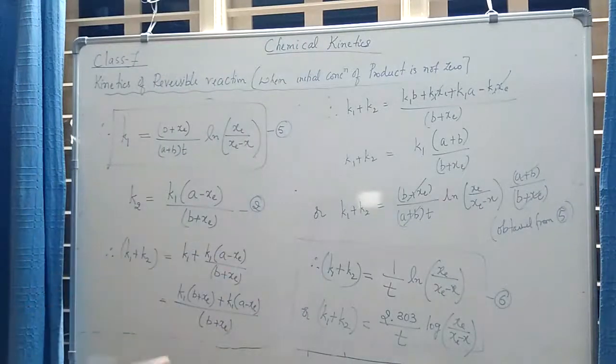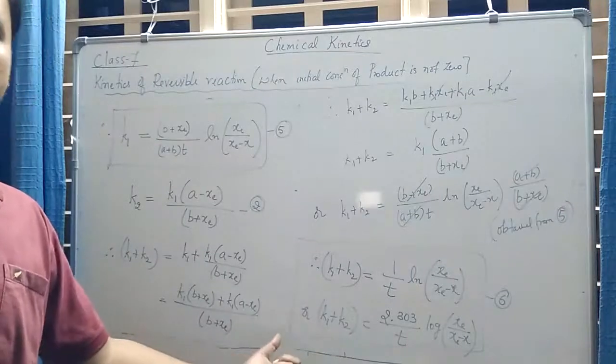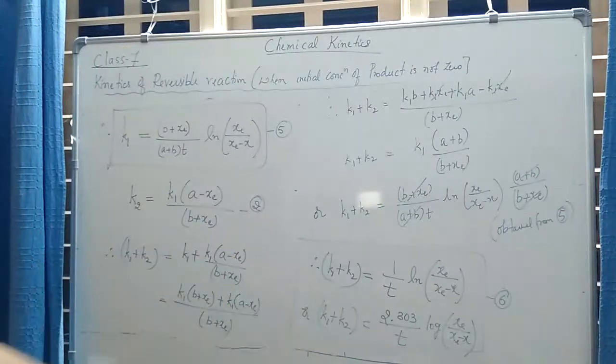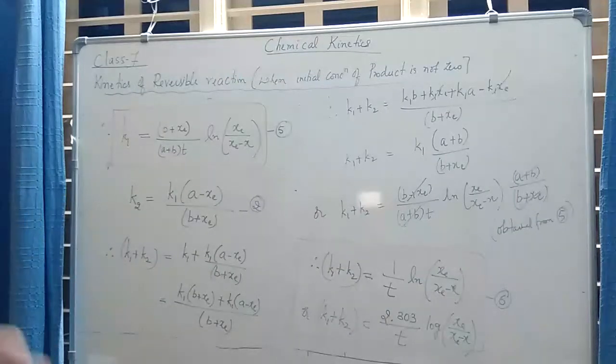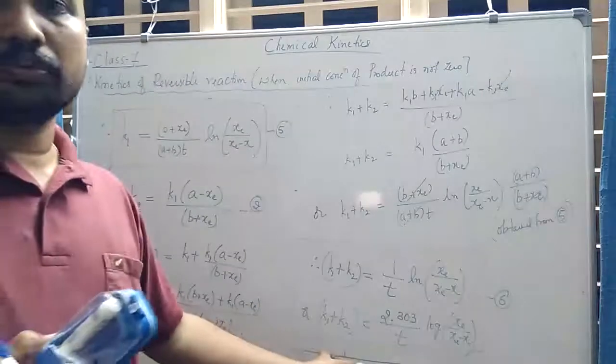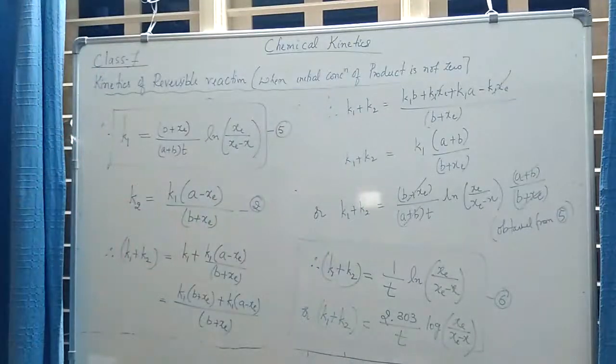And interestingly, if we compare this expression for k1 plus k2 with the earlier case, that is a reversible first order reversible reaction where the initial concentration of the product was 0. Okay, if I compare these two expressions, they are one and the same, they are similar expressions, but still the values of k1 plus k2, okay, obtained here is different from the values of k1 plus k2 obtained there.